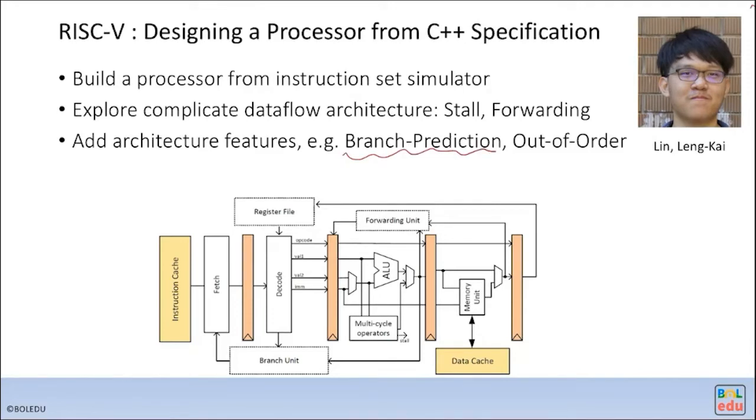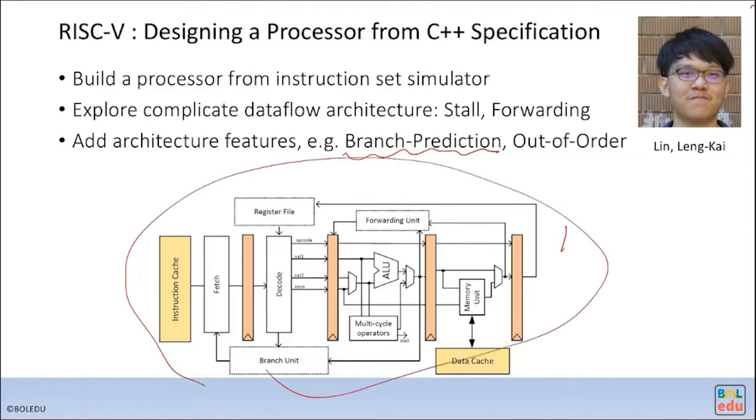processor, and this RISC-V processor is developed in high-level synthesis. Okay, it's very good, yeah. And actually, this processor is from an instruction set simulator. You know, when you design a processor, first you design the instruction set simulator to make sure you have all the instruction set developed correctly.